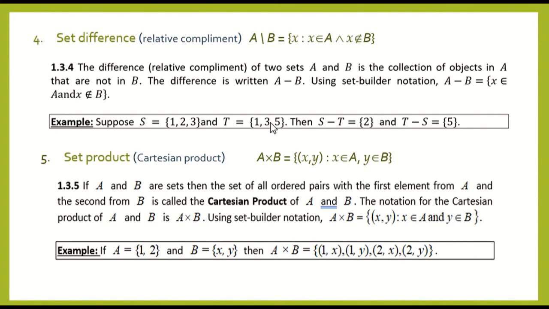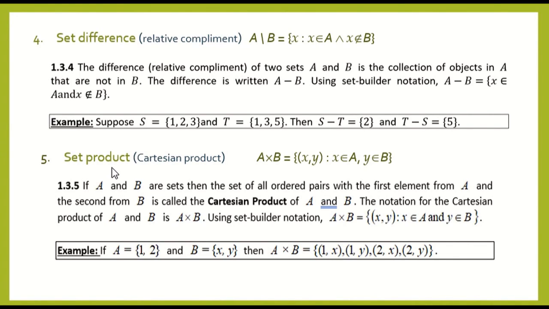So, ang 1 ug 3 ang kuhaon dito ni S. So, ang nahabilin is 2. That is why S minus T is equal to 2. And we have T minus S is equal to 5. So, ang T na pod kuhaan sa mga elements nga naa ni S. So, ang mahabilin is 5. So, T minus S is 5.